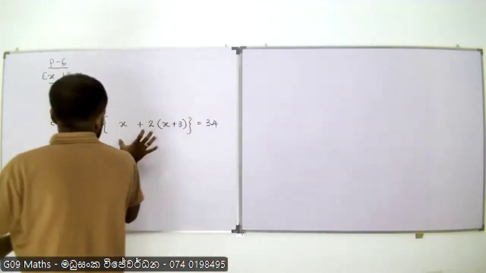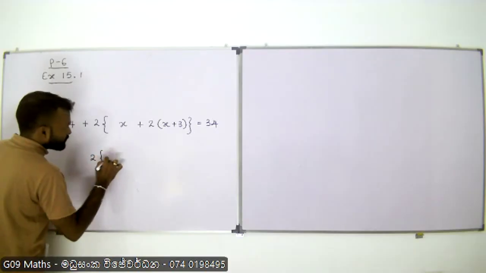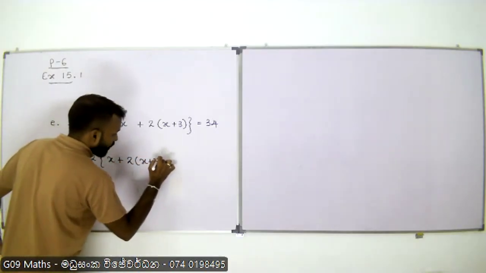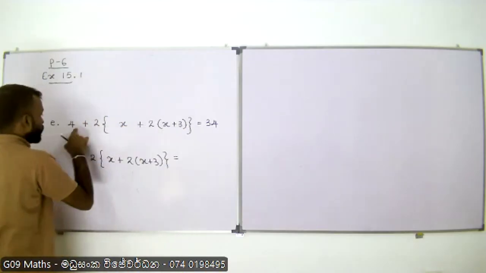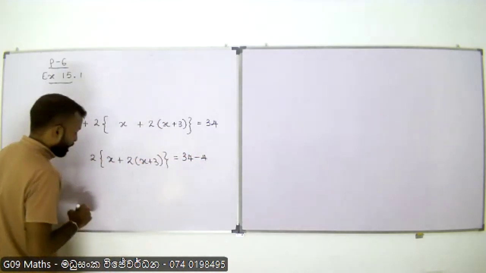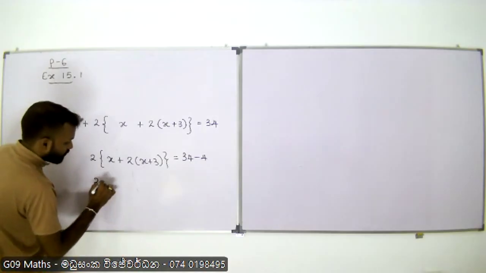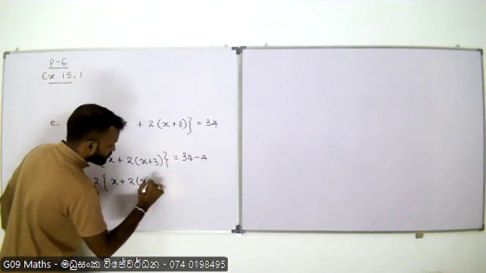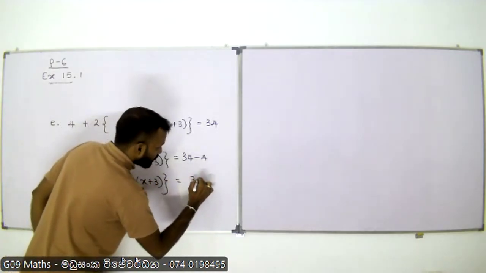So my left hand side is only this: 2 times x plus 2 times x plus 3 is equal to 34 minus 4. 34 minus 4. So 2 times x plus 2 times x plus 3 close bracket is equal to 30.